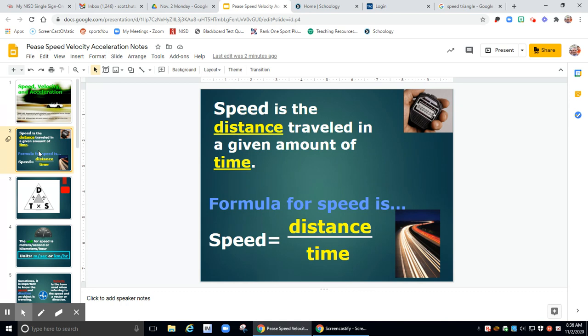The road outside here in front of school has a speed limit of 35 miles per hour, sometimes 20 during school zone times. But when you get up onto the highway, the speed limits can be upwards of 65 or 75 miles per hour.